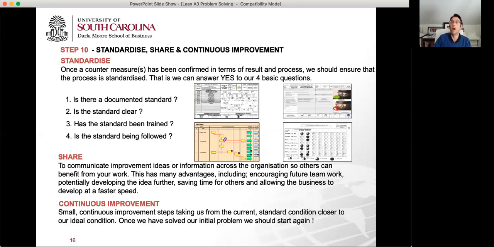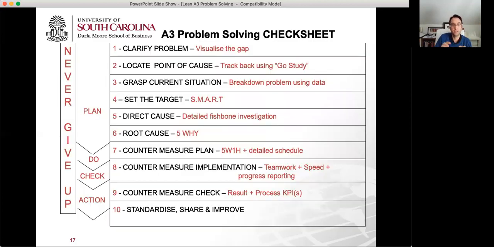So how are we going to share what we learn, and also think about continuous improvement, right? You never reach the ideal state. You always keep going, keep going, keep going. Once we solve the problem, we need to get to the next step. So this is a checklist of the things that are important.